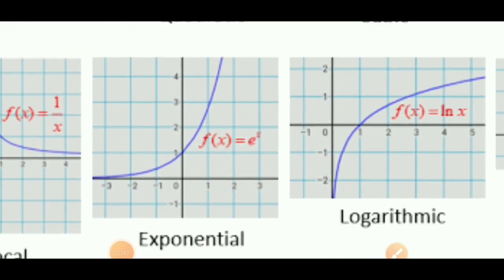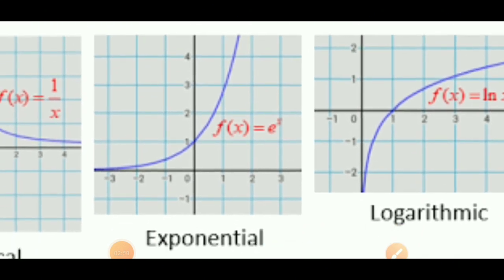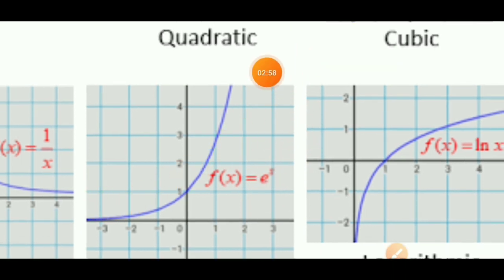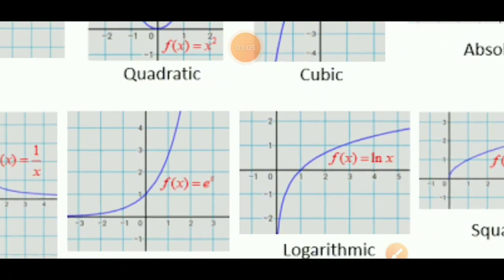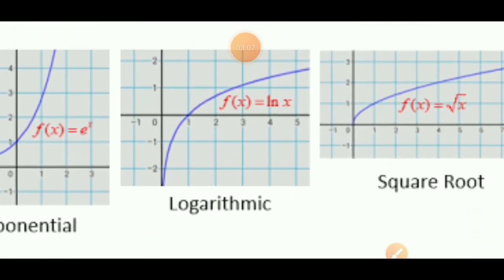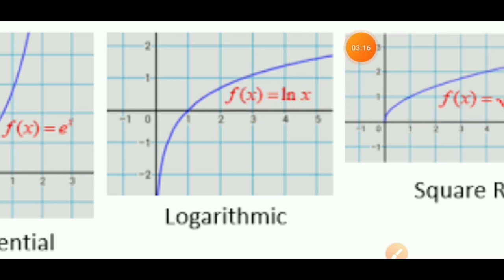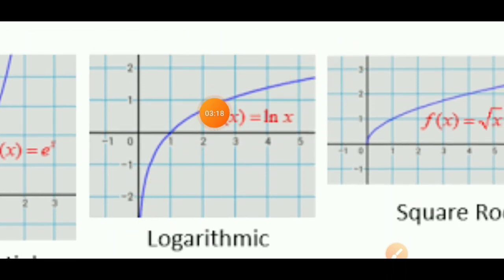For an exponential function, with the equation f of x is equal to a raised to x, we have this graph. And for a logarithmic function, f of x is equal to natural log of x, this is its graph.